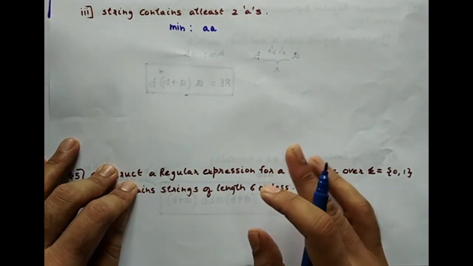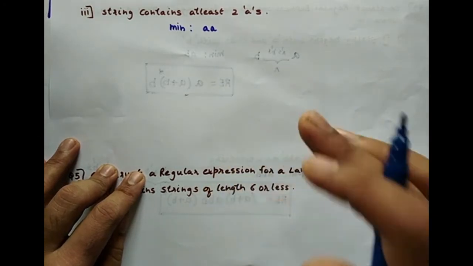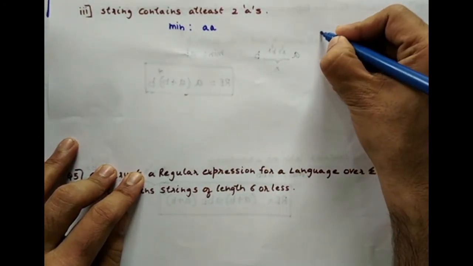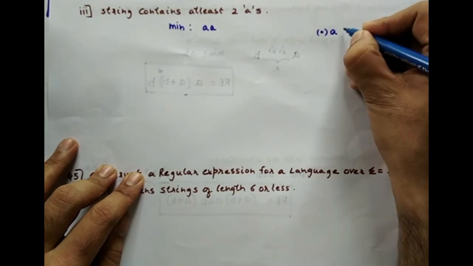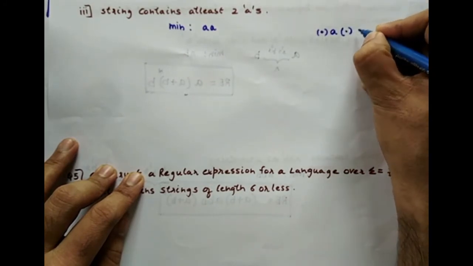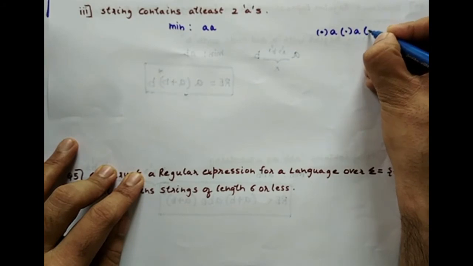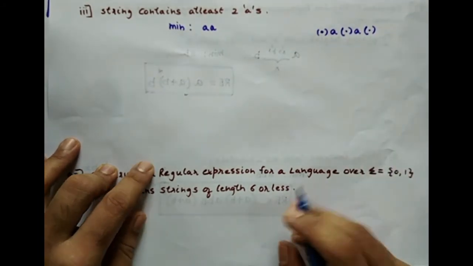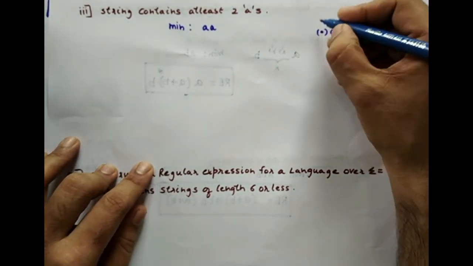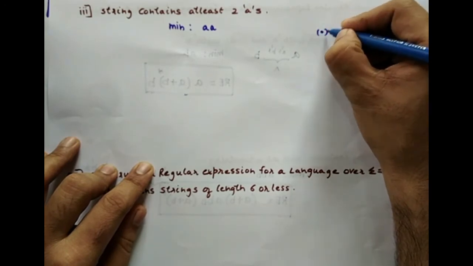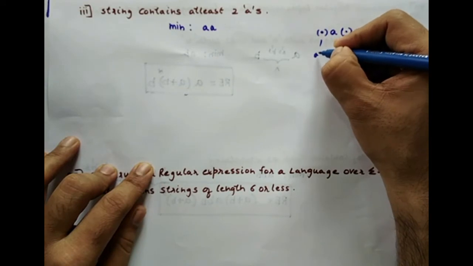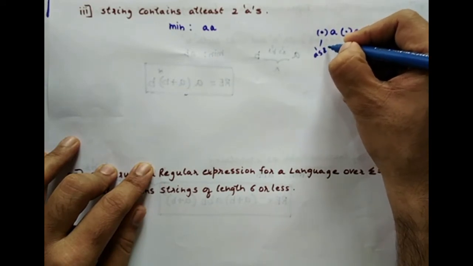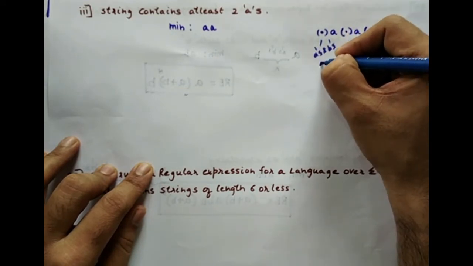Okay. Now in general, the string would be what? Some part would be here, then there will be a, then some part will be here, then again there will be a, and some part will be here. But note that this part may be any combination of a's and b's, or it could also be null.